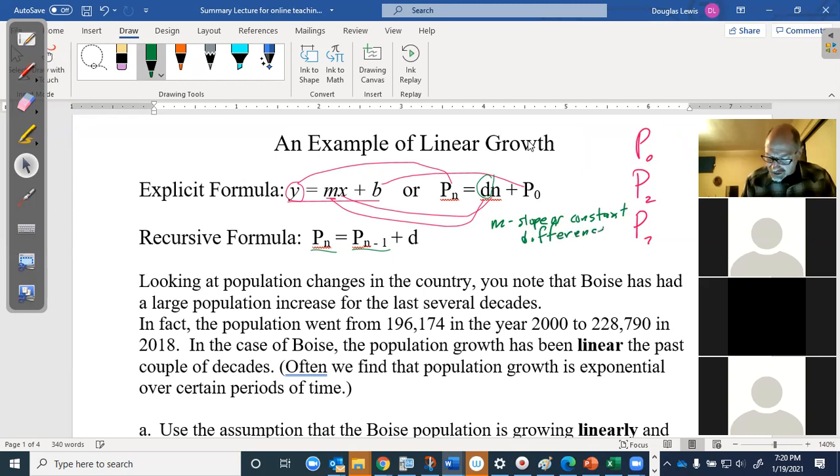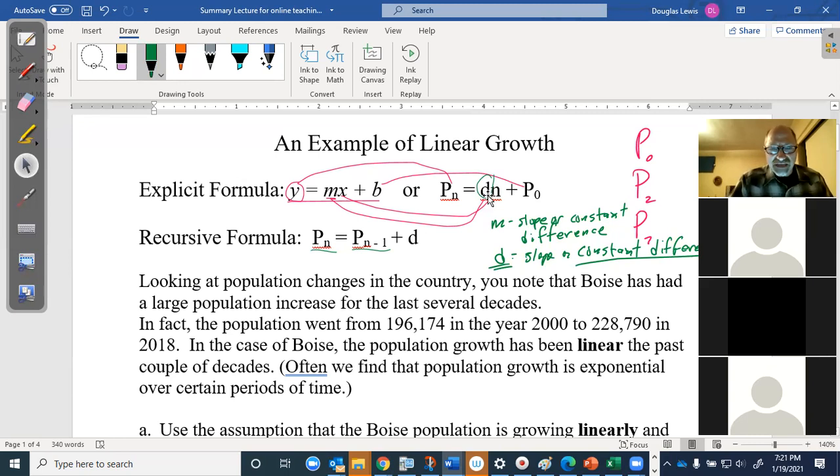The slope is a constant difference in a linear function. So that's why we use d. It's the slope or the constant difference, and that's what it's typically referred to in your book. That's why the letter d is used for difference.